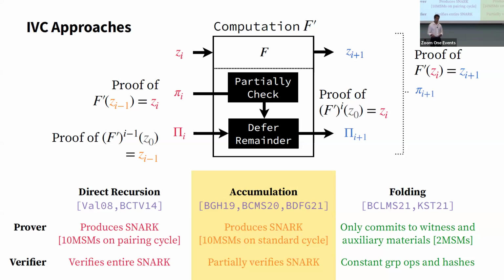And moreover, checking this final accumulator is equivalent to checking all the prior SNARK proofs that were compressed into it. Now, the core benefit of this approach is that we no longer need hyper-optimized pairing-based SNARKs. And as a result, we no longer need to rely on cycles of pairing-friendly curves, which offers almost an order of magnitude improvement.